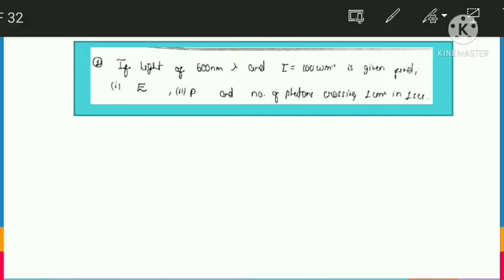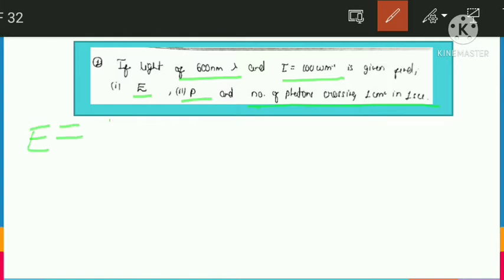Our first question says, if we have light of 600 nanometer wavelength and a given intensity, then we have to find E, meaning energy, P, and the number of photons crossing 1 centimeter square in 1 second. So let's see what these values are.